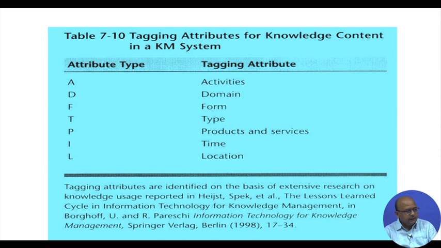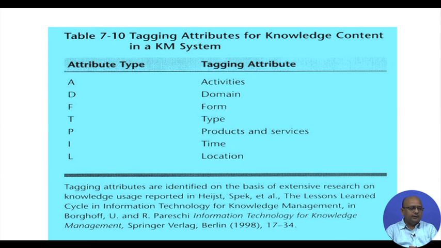These attributes have been defined based on a lot of research. So, A means it is an activity based attribute. D is domain based, like related to marketing or HR or a function. F is for form based, what kind of attribute it is. Then there is the type based attribute, and product or service, location and time.